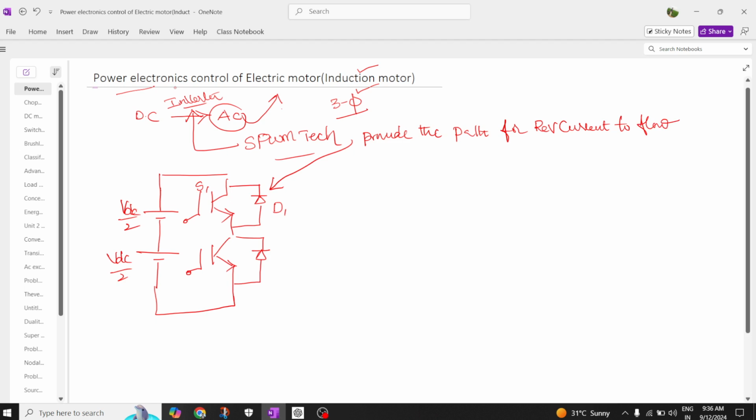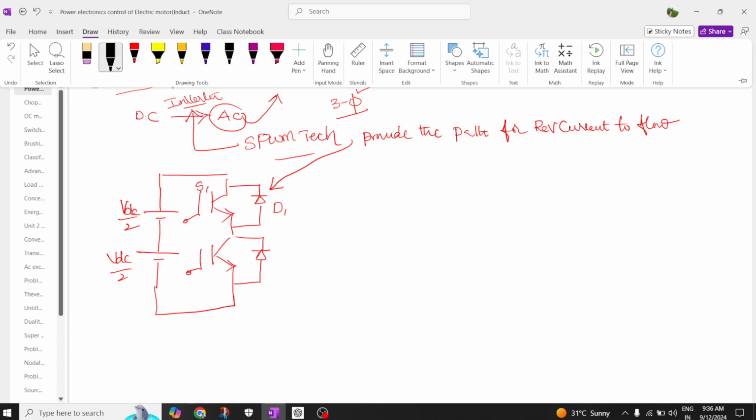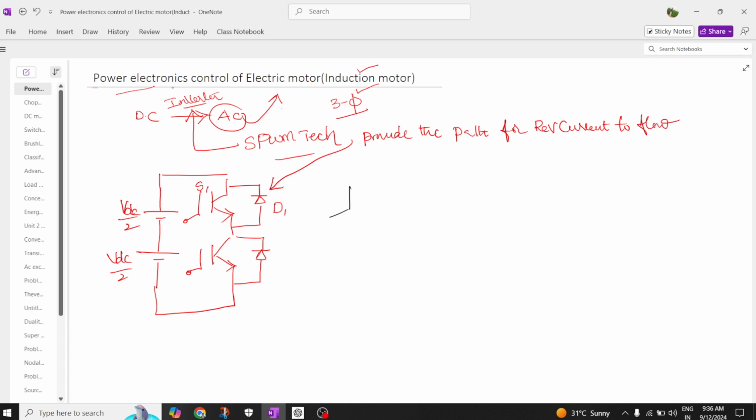Now, so this is one leg. We have three legs. We are going to select another leg. So here also you are going to have the switches, and the connection is established like this. This is another switch. This is another switch.